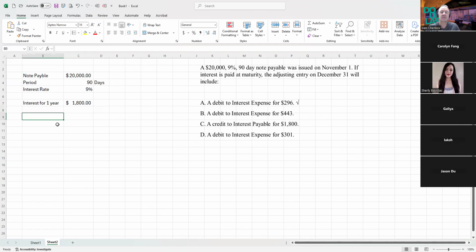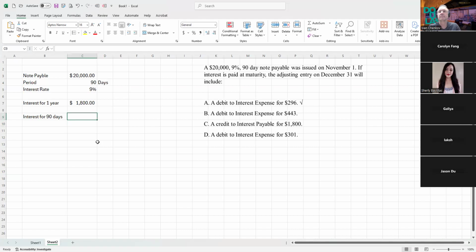Now the second thing is, how much is my interest for 90 days? How can I calculate it? Do I know how many days the year has? 365. We already established that. So what do I have to do?